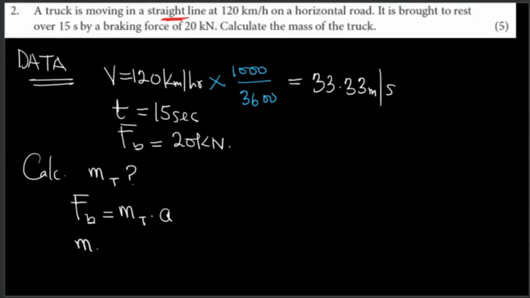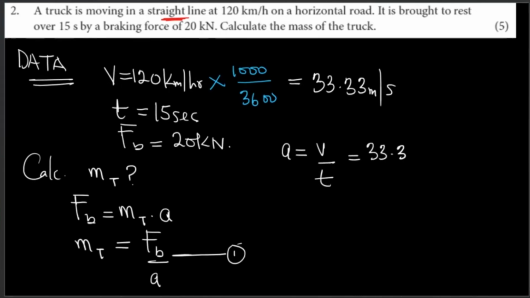So we can calculate the mass of the truck to be equal to the braking force divided by the acceleration. We have the braking force to be 20,000. Now we can determine the acceleration from the velocity and the time. Acceleration is equal to velocity over time.